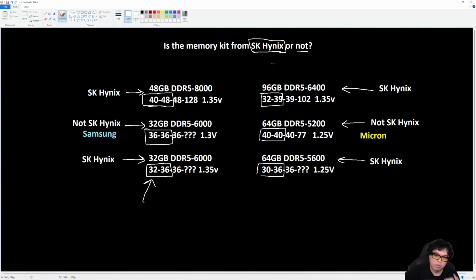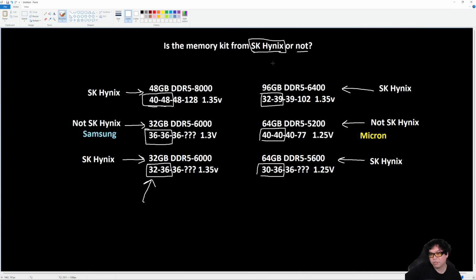But it is not always 100% foolproof to tell that it is not an SK Hynix kit, because there are a few exceptions where some rare memory kits have the two numbers equal to each other and it still ends up being an SK Hynix. There's two examples that I can think of where people have brought that to my attention.